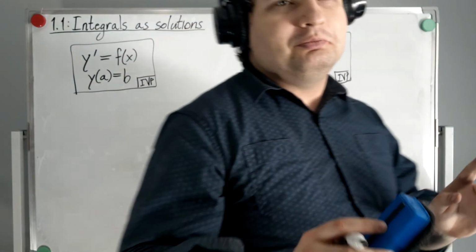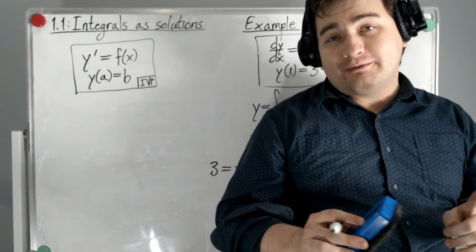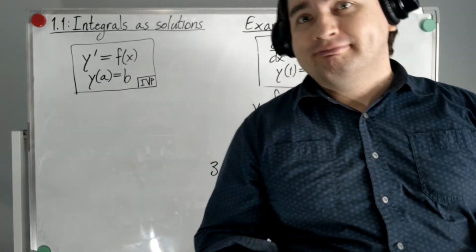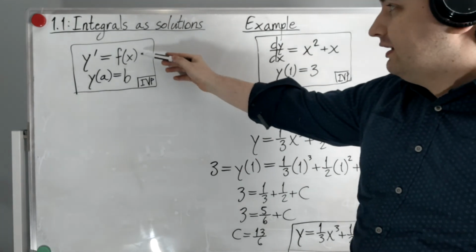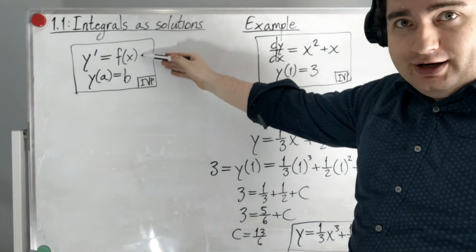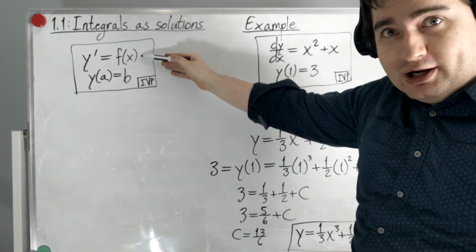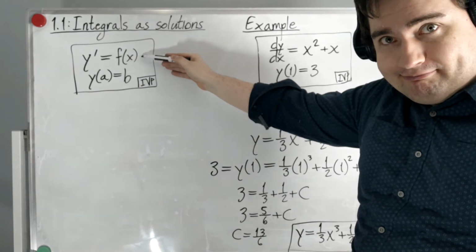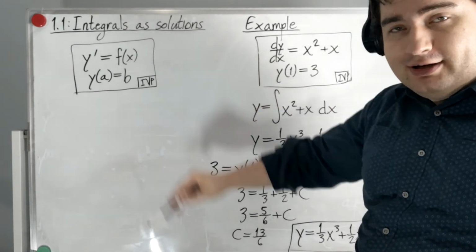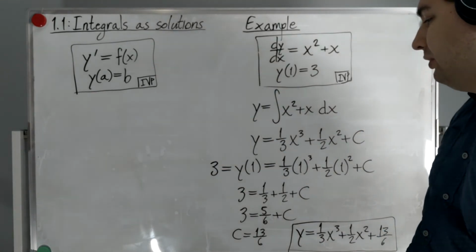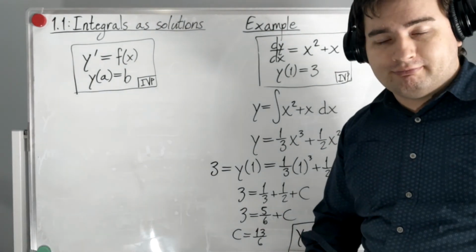Now, this class is more than one lecture for the following reason. This right-hand side could depend on y. Let's think about that for a second. Suppose you pour water from a vessel.